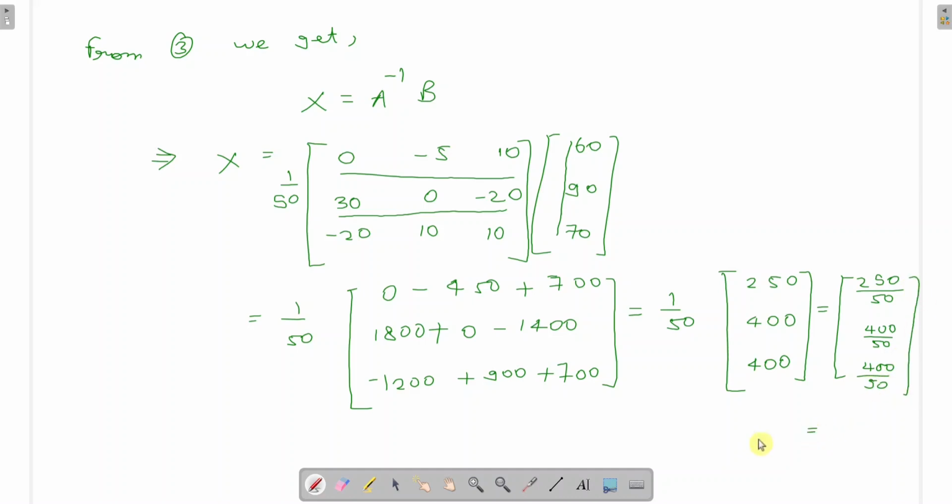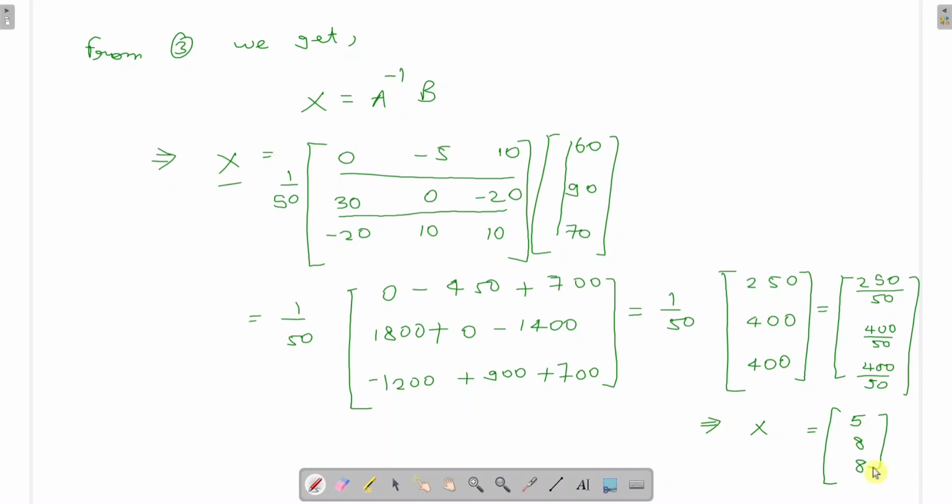So that means the X value will be 250 divided by 50, which is nothing but 5. 400 divided by 50 will be 8, and 400 divided by 50 again will be 8.